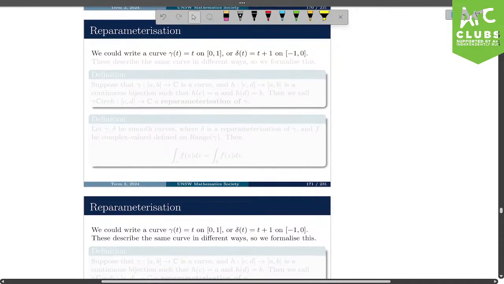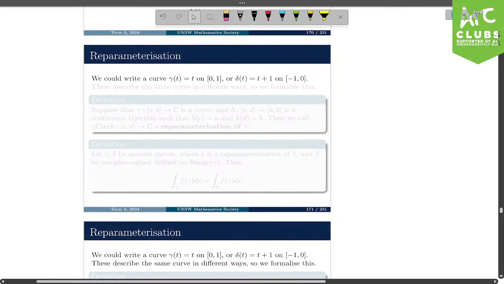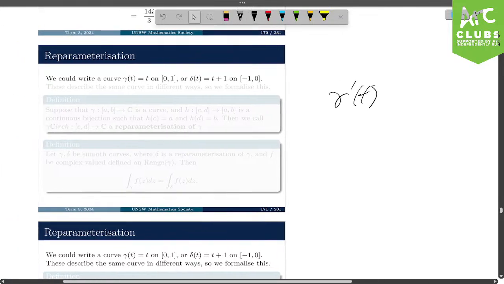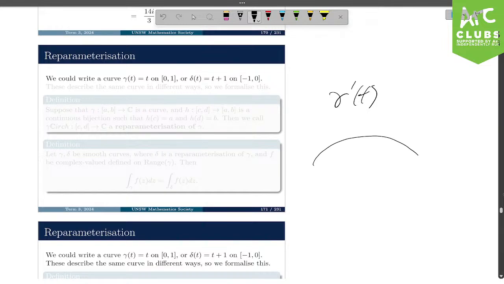So reparametrization, we mentioned it before. It is actually the reason why we need phi dash t to be following whatever conditions, and really, if it's the same curve, it should have the same integral value, right?